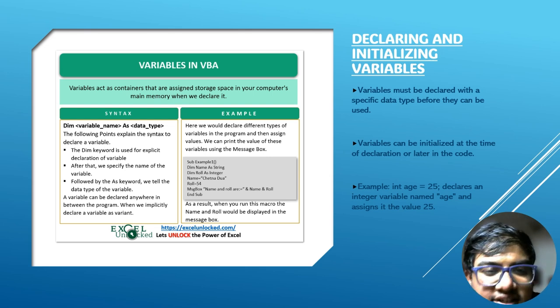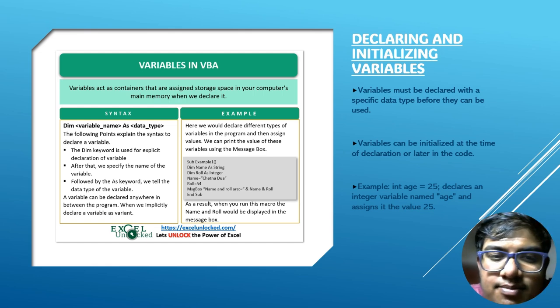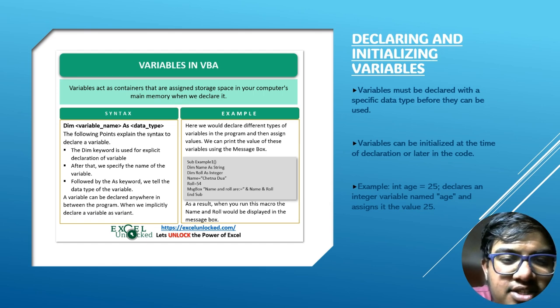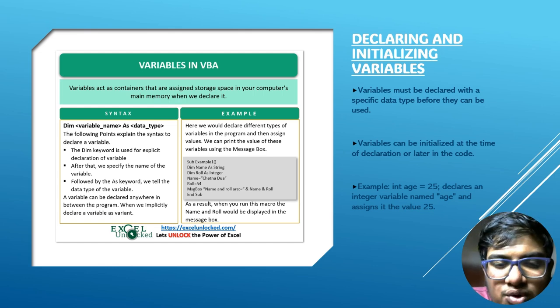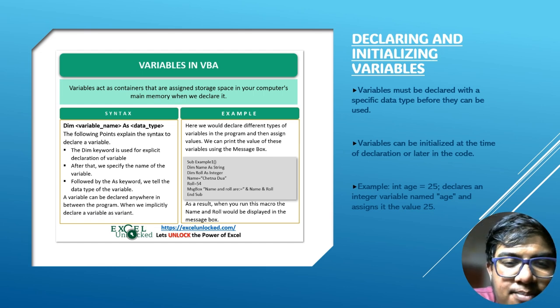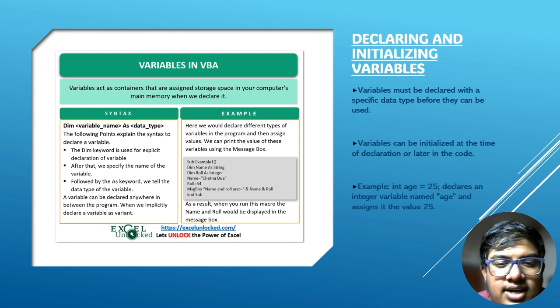Declaring and initializing variables. Variables must be declared with a specific data type before they can be used. Variables can be initialized at the time of declaration or later in the code. For example, int age equals 25 is one way of declaring and initializing, and it declares an integer variable age and assigns the value 25 to it.